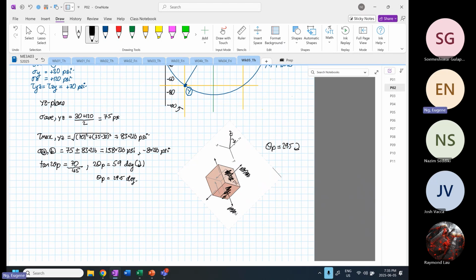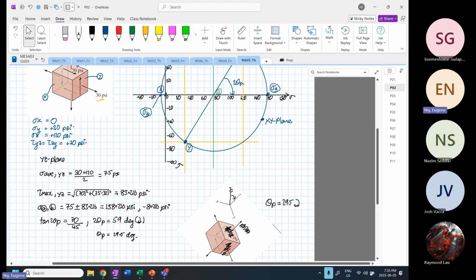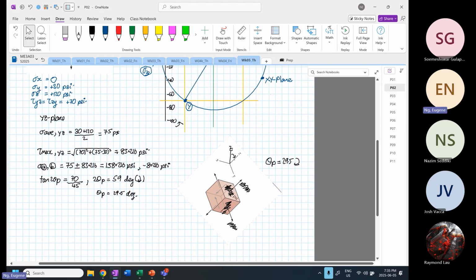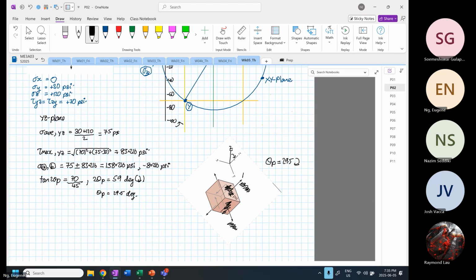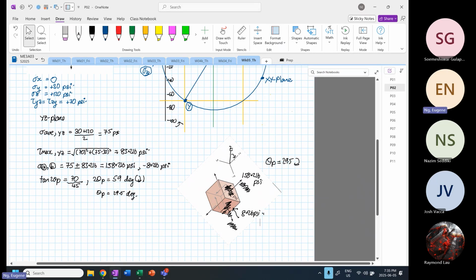So we know that one of the values corresponds to 158.216 psi. And the other one will be 8.26 psi. Okay, because it's at its principal plane, there is now zero shear.